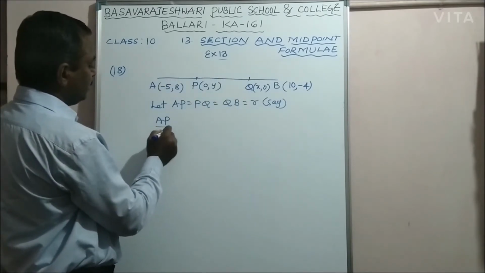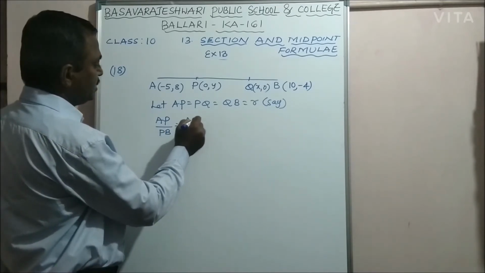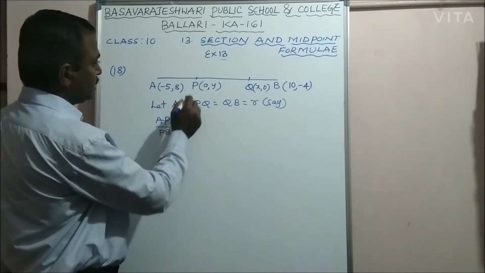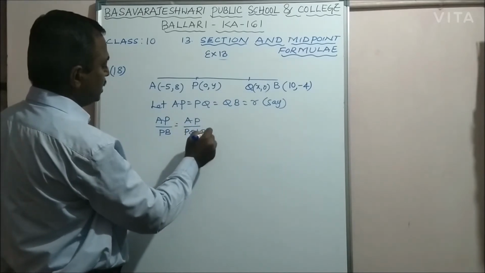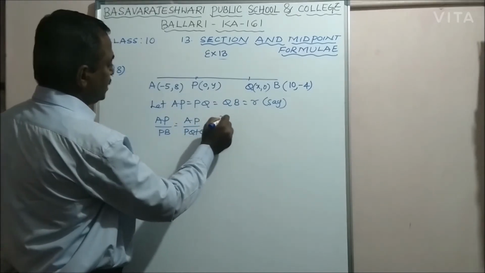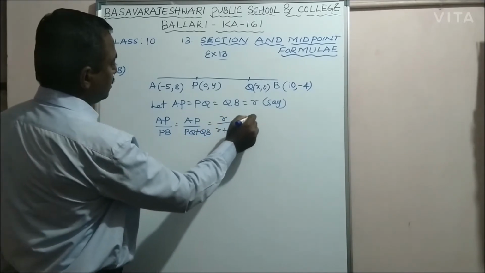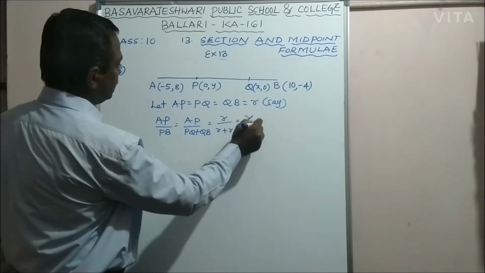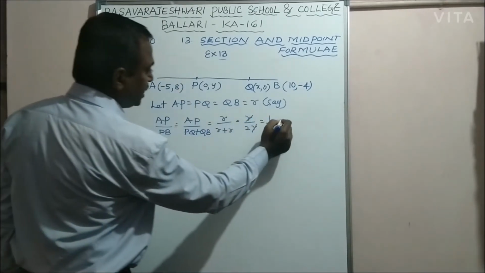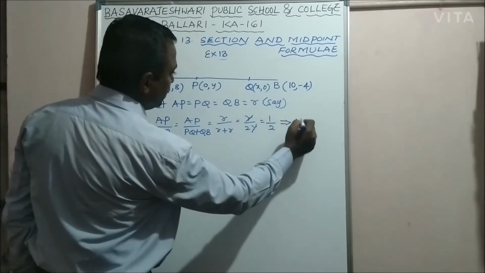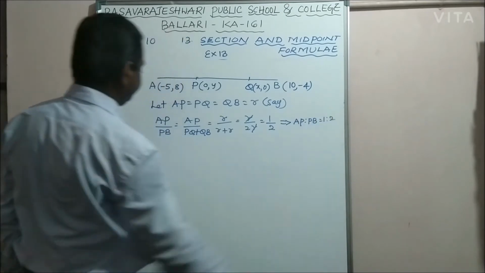AP by PB is equal to AP by PQ plus QB. AP means R. PQ plus QB means R plus R. R by 2R, that is 1 by 2. This implies AP is to PB is equal to 1 is to 2. Correct?